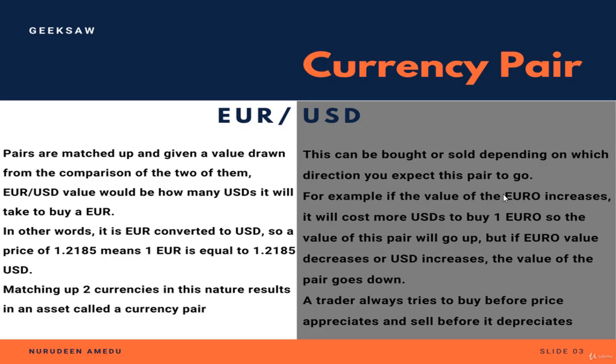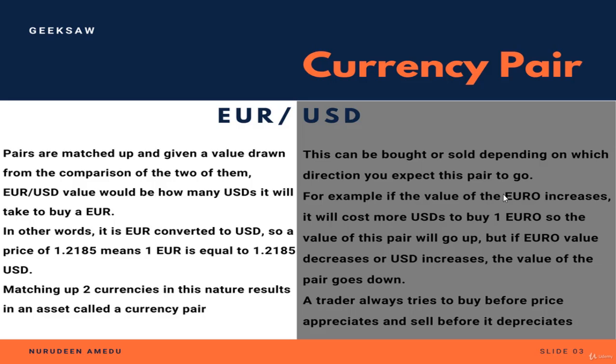Now, matching up two currencies in this nature results in an asset called a currency pair. A currency pair can be bought or sold depending on which direction you expect the market to go. Now, if you expect the value of the euro to increase, for example, you just watch the news on Bloomberg and the euro economy is booming, the unemployment rate has dropped, and a lot of other factors are really positive, and you believe that yes, the euro is going up.